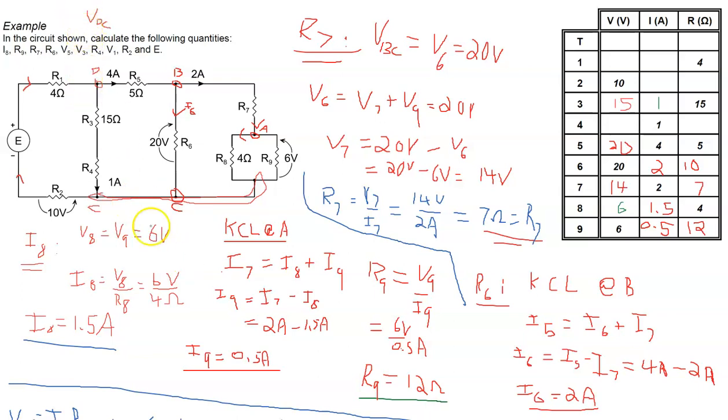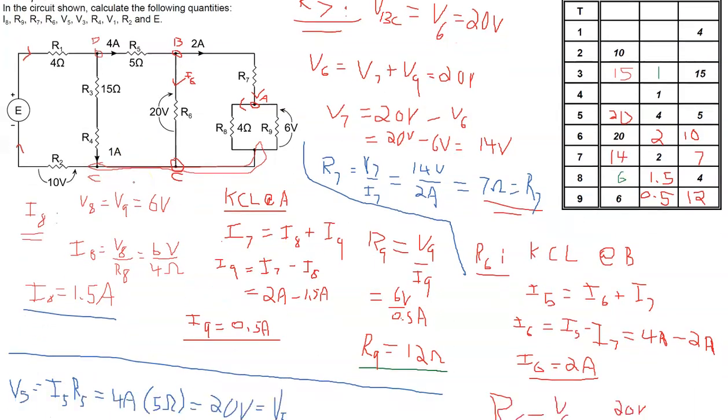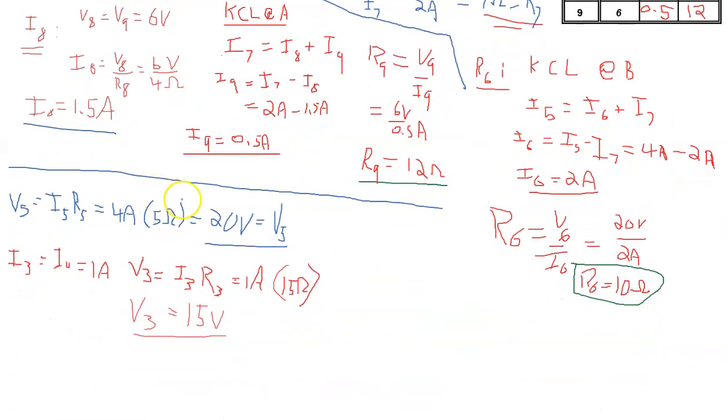Okay, so let's think about the fact that VDC on that diagram, and let me pull out a different color now. VDC is equal to V3 plus V4.